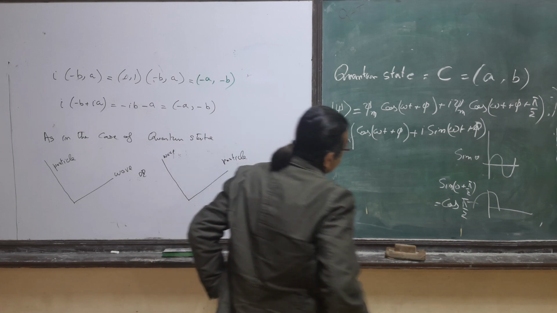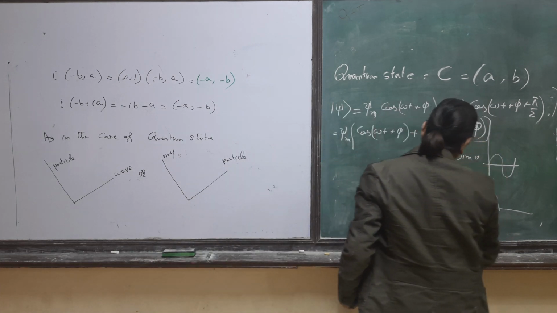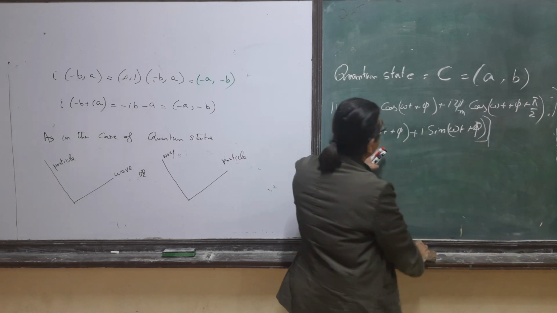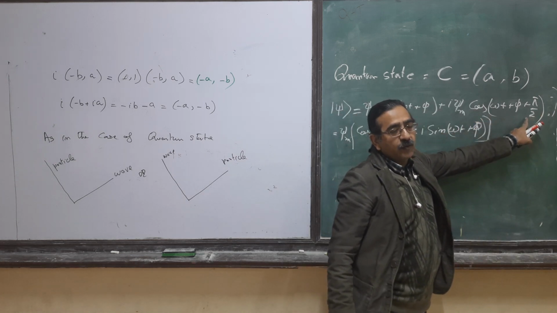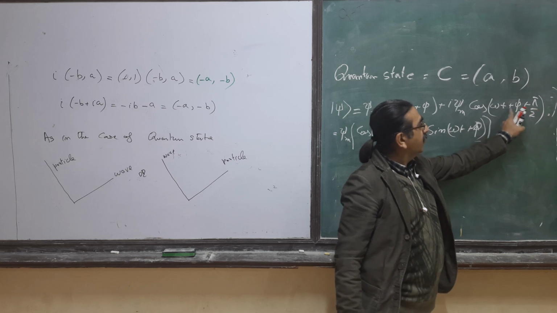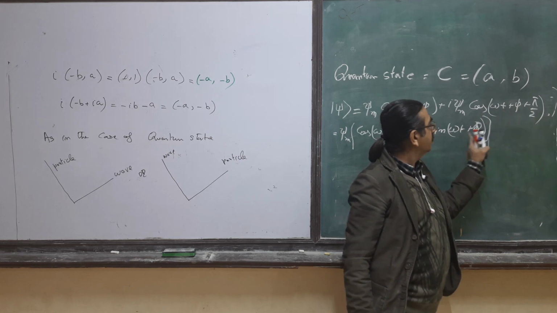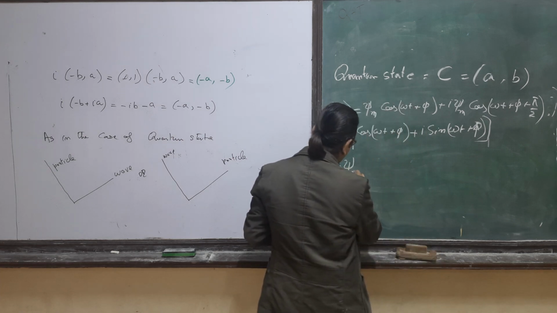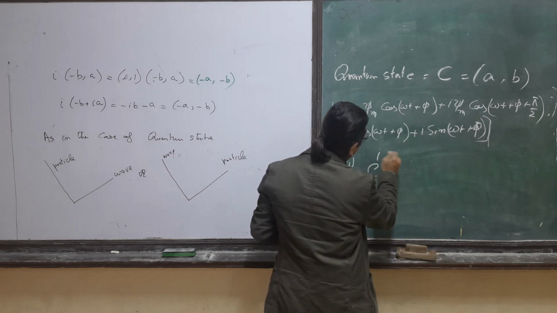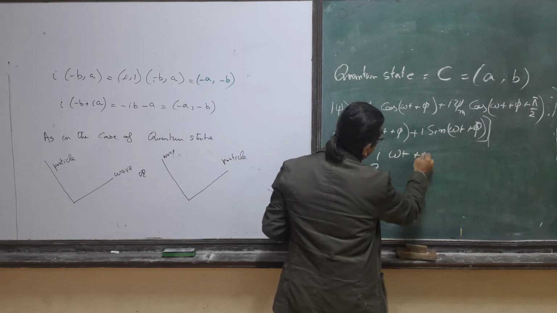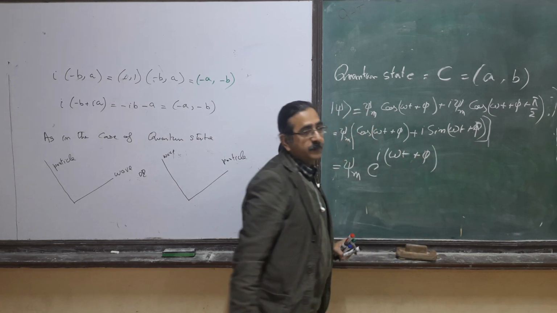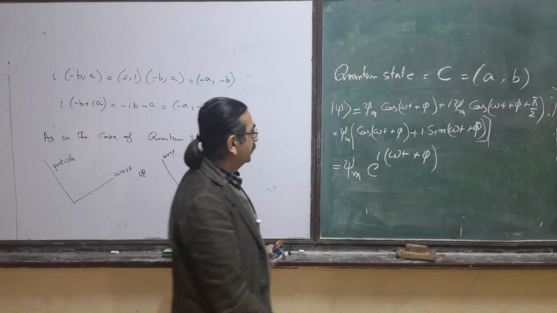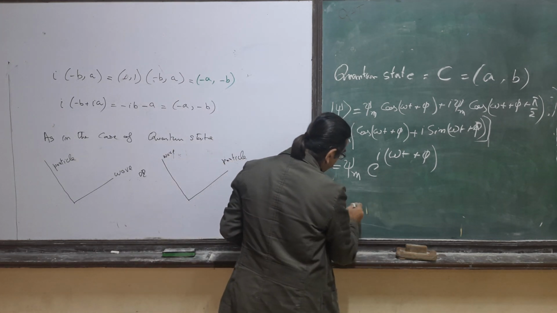Okay, this cos is pi by 2 onward, so cos of pi by 2 plus pi by 2, this will be psi m e to the iota omega t plus phi. Or this may be proved.